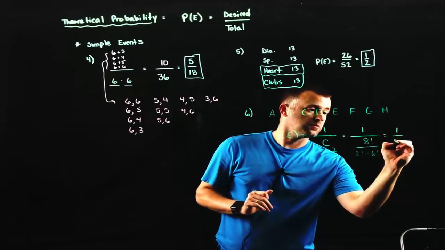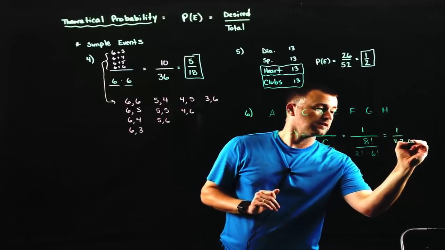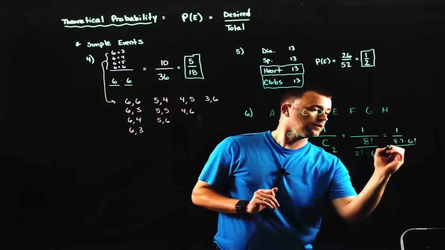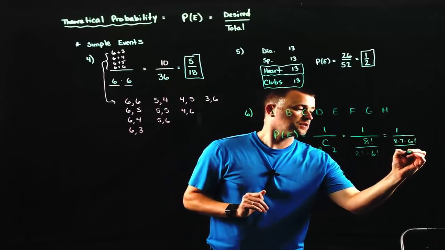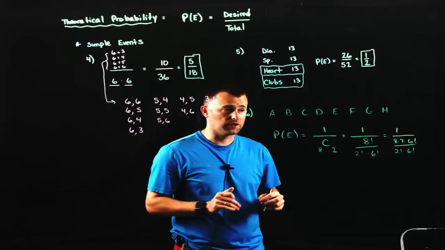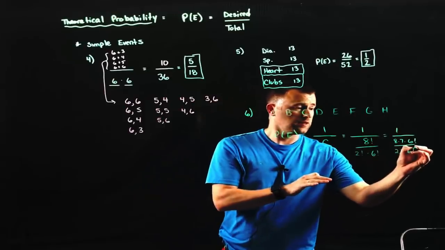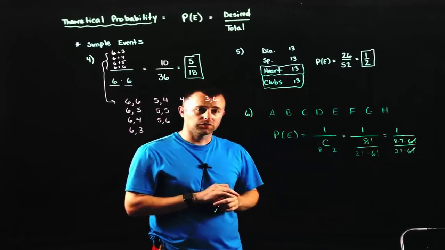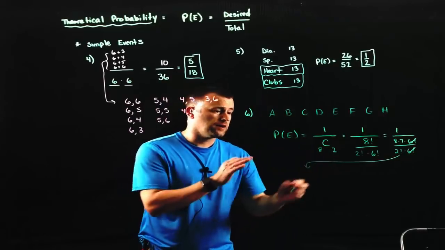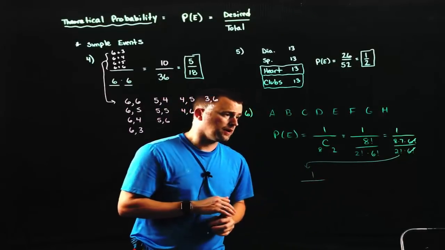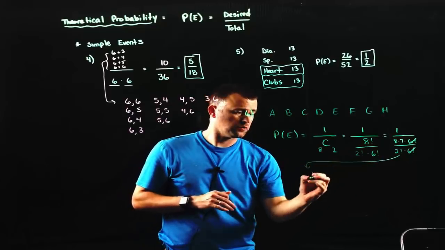Now remember, this is going to be 8 times 7 times 6 factorial over 2 factorial times 6 factorial. This is part of that simplification process. So I'm going to take this, cancel out my 6 factorials. I'll bring these back down here. I now have 1 divided by 8 times 7 over 2.